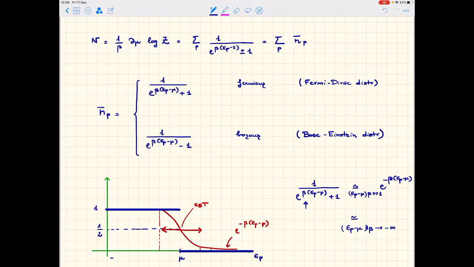I didn't talk about what a Fermi surface is, but it's a special point, right? All the energies that are below the chemical potential have more probability to be occupied than empty. All the ones that are above have more probability to be empty than occupied.